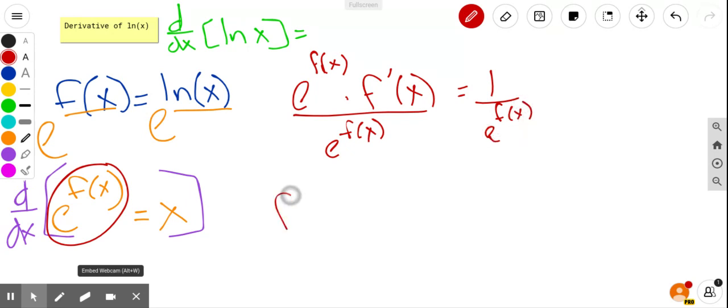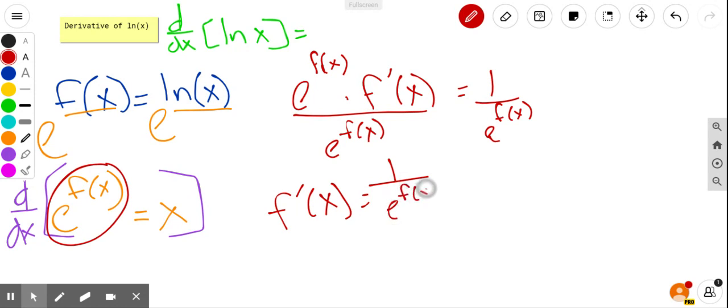So I can say that f prime of x would equal 1 over e to the f of x power. So if you recall, I said that f of x is equal to natural log. So that means that f prime of x is equal to 1 over e to the natural log of x power.